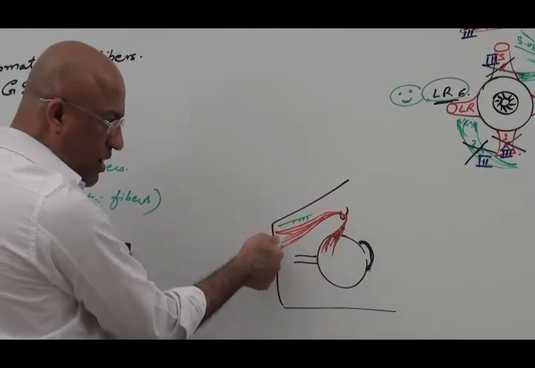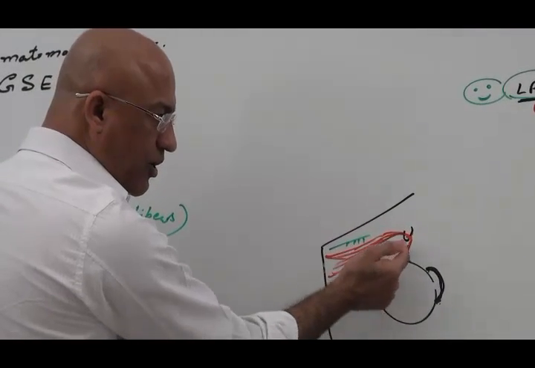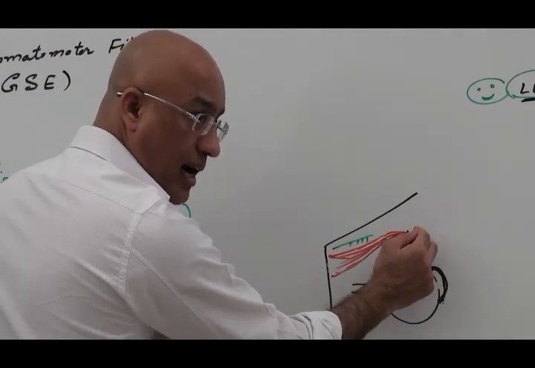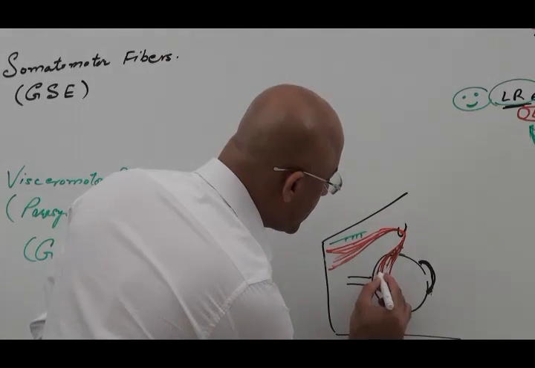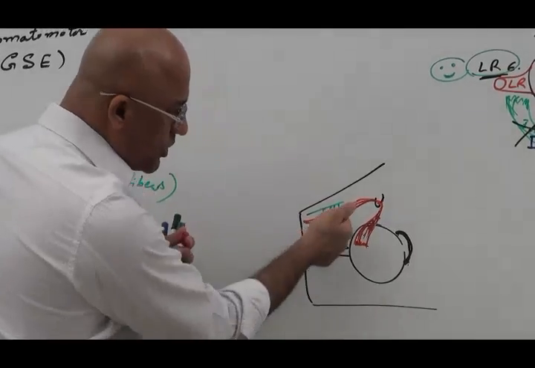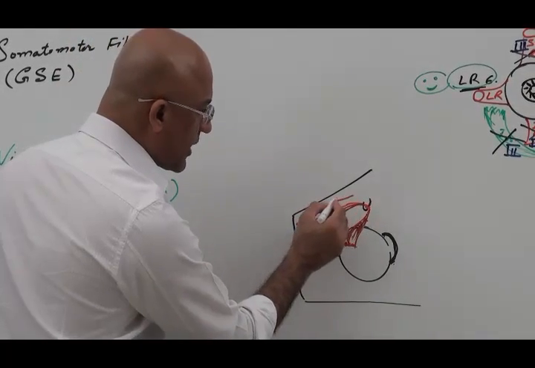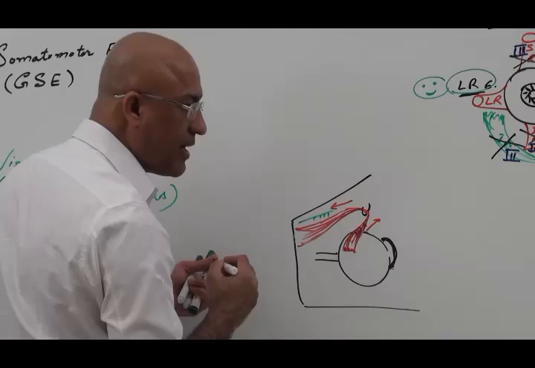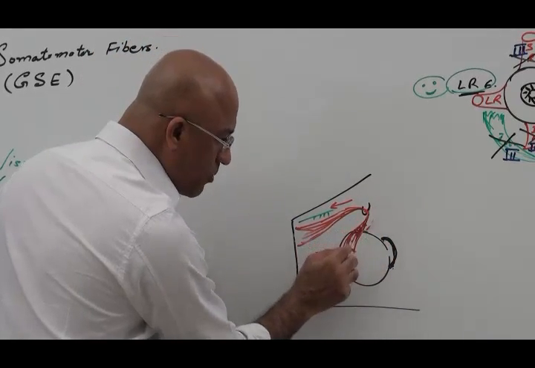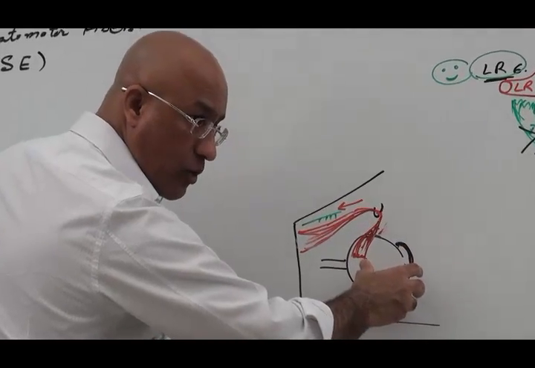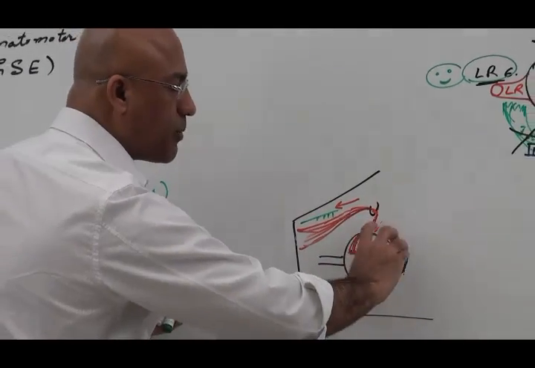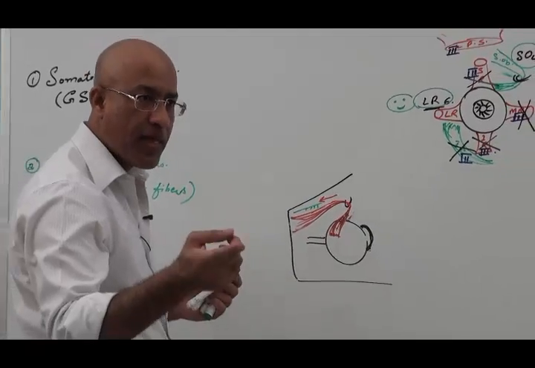When it pulls backward, this part or aponeurosis is pulled forward and upward. So when superior oblique contracts, it will contract in this direction, and of course this will pull into that direction. Now when this is pulling into that direction, the eyeball will rotate, it will move downward. So actually superior oblique is a depressor. Superior oblique is a depressor.